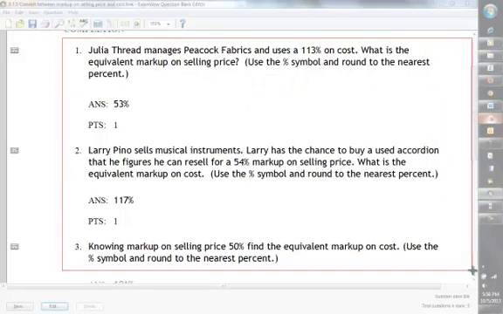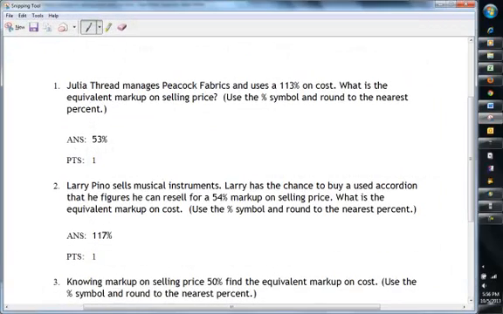Julie Thread manages Peacock's fabrics and uses 113% markup based on cost. 113 is the markup based on cost. So that makes this 100%. 113 makes this 213, because 100 plus 113 means that you're going to pay 213%.